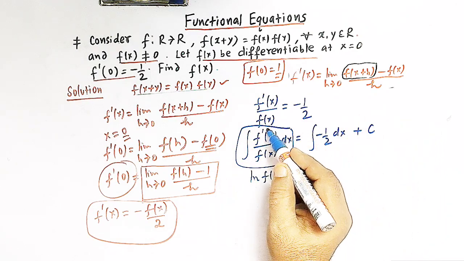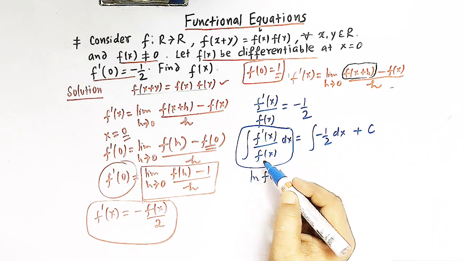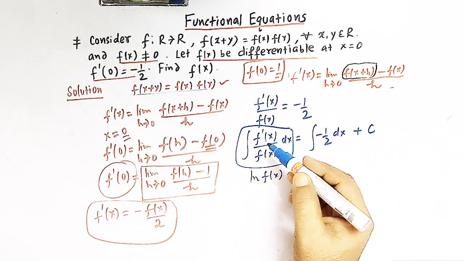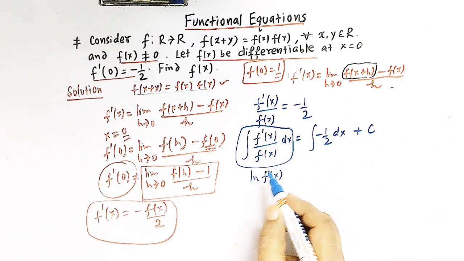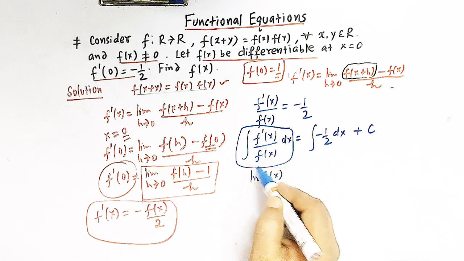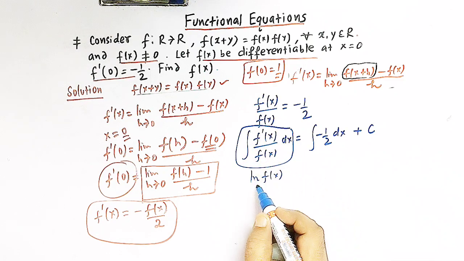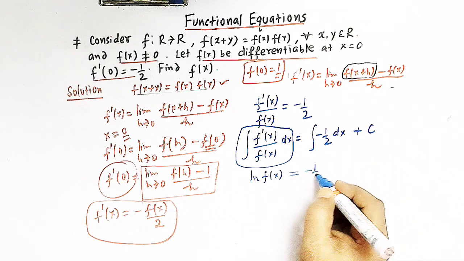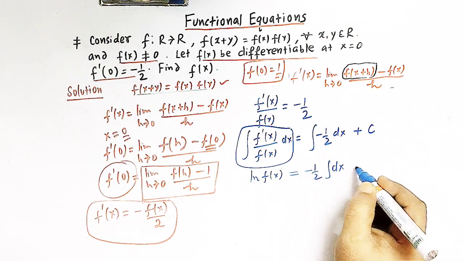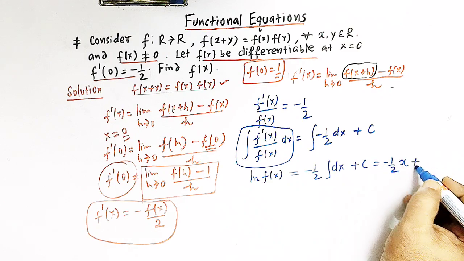Whenever we have the integrand in the form that in the denominator we have f of x, and in the numerator the derivative of f of x, then the integral of f prime of x over f of x is log of f of x. Now here we have minus half integral dx plus c, so this is minus half x plus c.